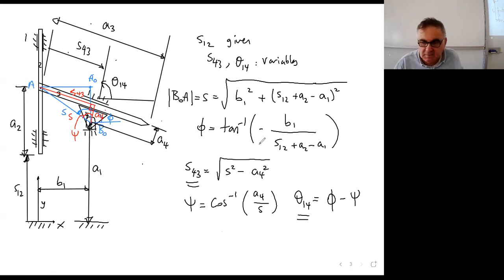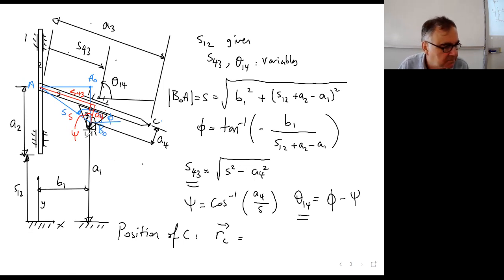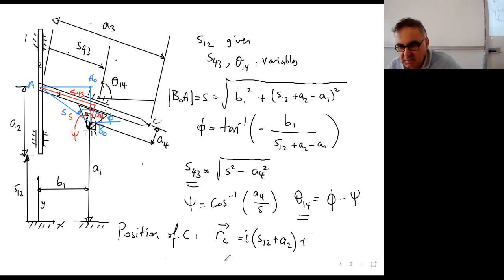But since this is a mechanism with a, let's say, point, you would like to find the position of this point, position of C. You can write that to be position RC, for example, as S12 plus A2 is here, this vector, plus this vector, AC vector, which I can write as A3 times e to the I, theta 1, 4 minus pi over 2.